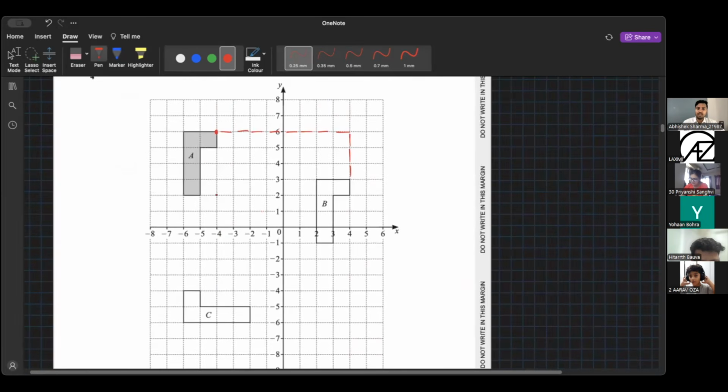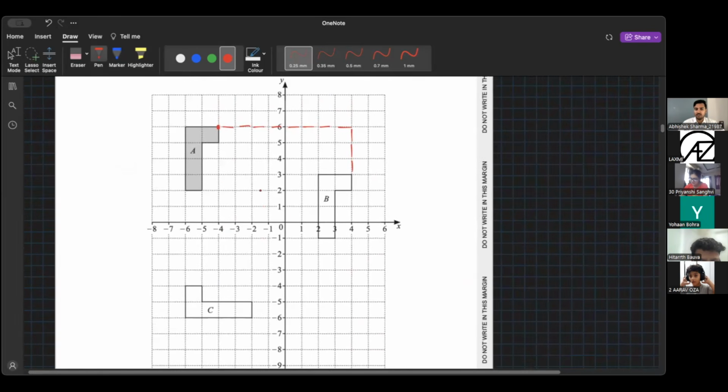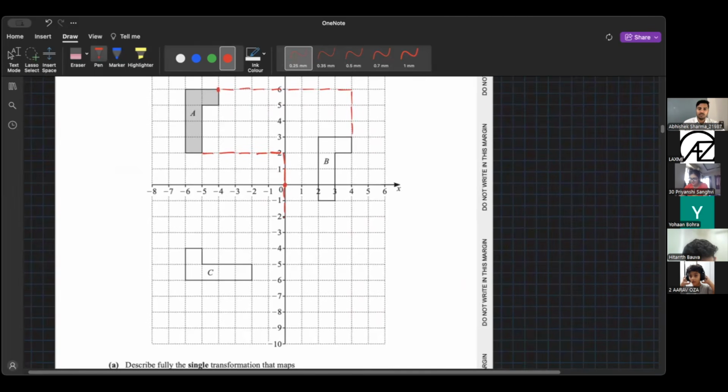I have already figured it out using tracing paper, but with the right angle method we can also see this is 1, 2, 3, 4, 5 units away from the origin to the right and 2 units down.